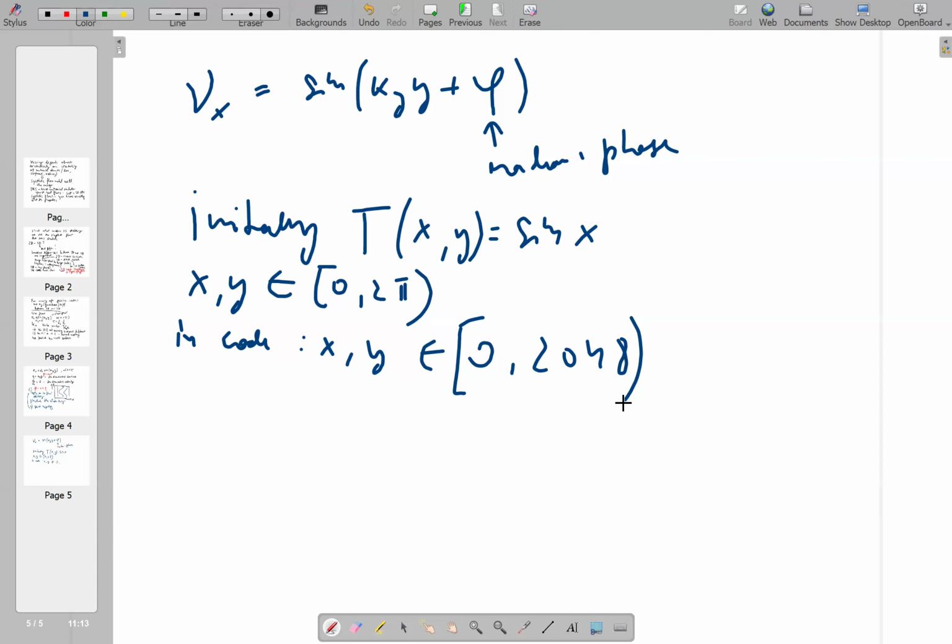So in that case, we have T(x, y) is not sin x, but sin of 2 pi x divided by 2048. It is still a full period in that length, right? If x goes to 2048, we have 2 pi, and we have a full period fitting into our range.